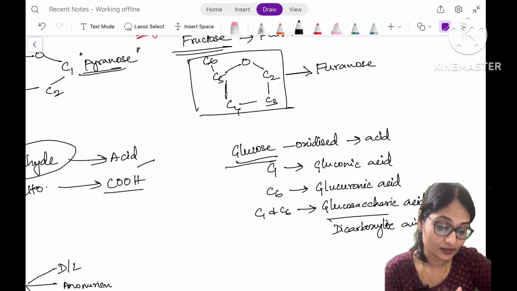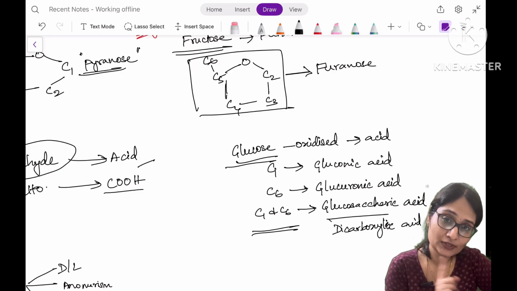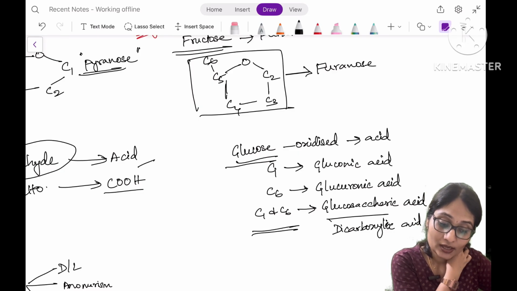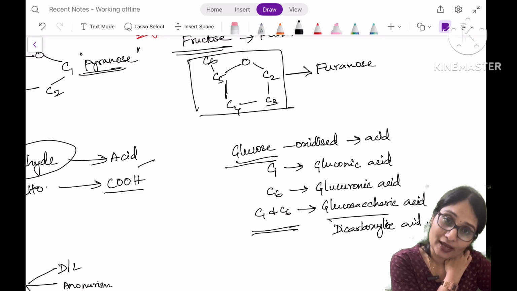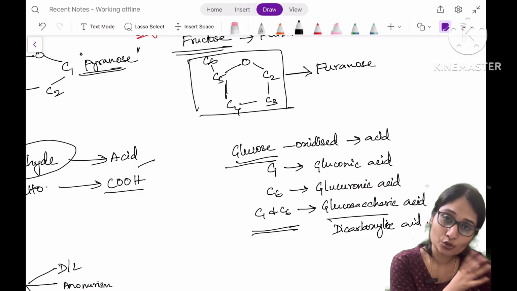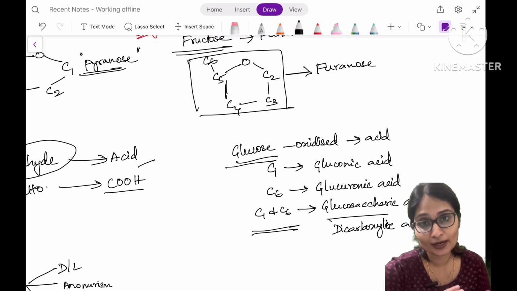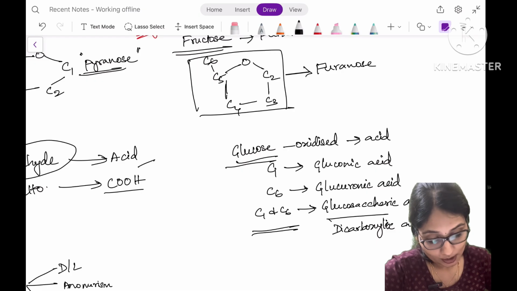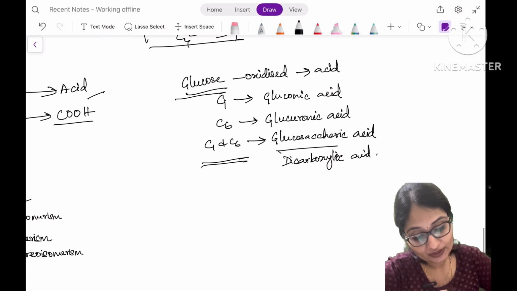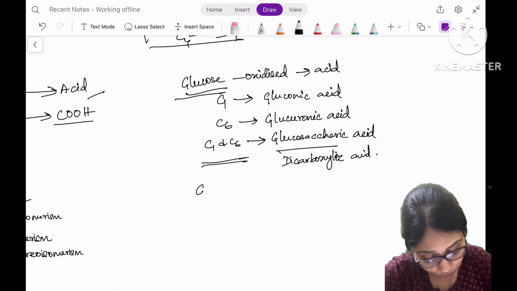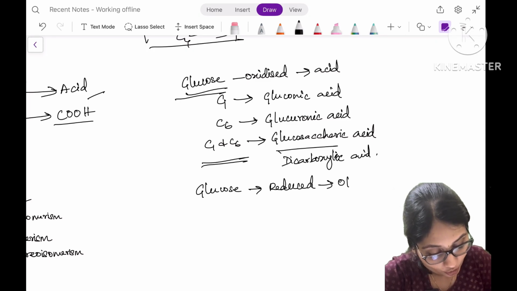Similarly, in galactose, if C1 and C6 get oxidized, it's called galactosaccharic acid. This galactosaccharic acid has a special name, mucic acid. The mucic acid test is done to detect the presence of galactose. Now let's see what happens if it gets reduced. Glucose, if it gets reduced, should form an alcohol, right?